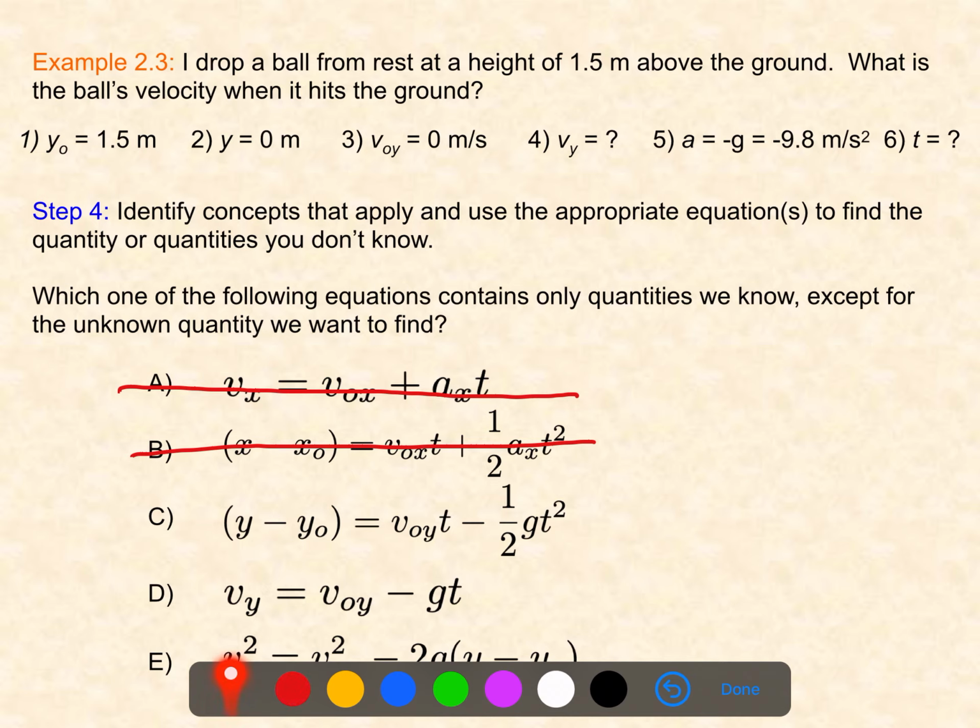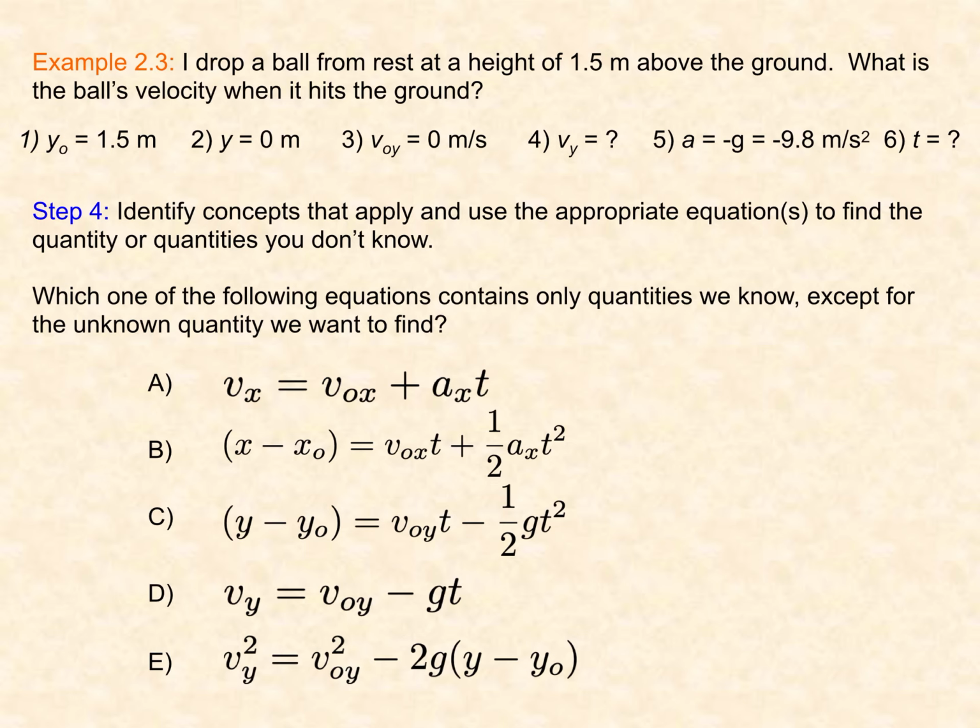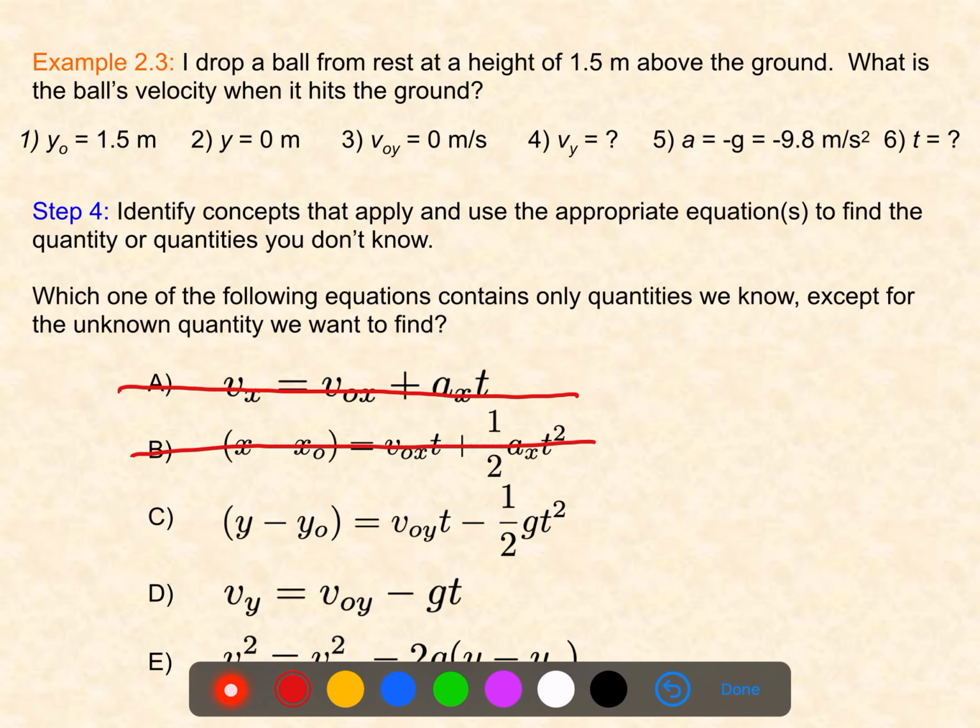Personally, since I don't know anything about the final velocity or the time, I really would prefer to use choice E here, which is the time independent equation.